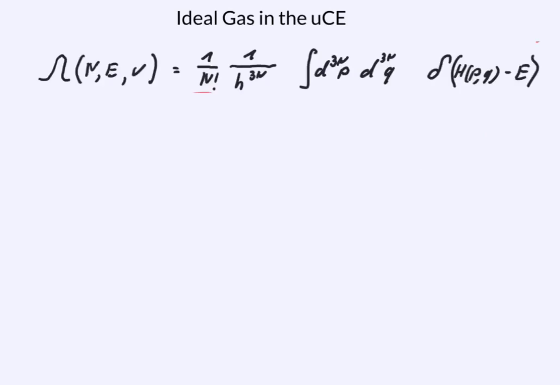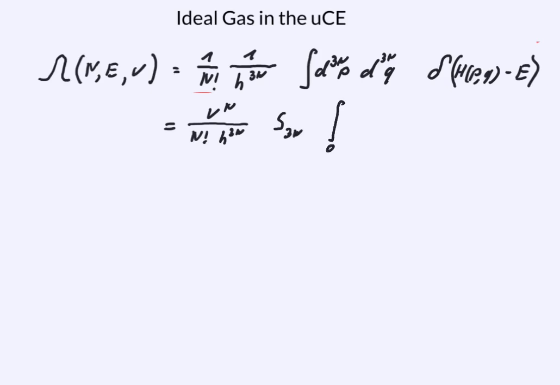Now we can return to the partition function of the ideal gas. As the first step, we integrate on the spatial coordinate dq^3n. This will yield the volume to the power n. Then we turn to the integration of the momentum variable p.